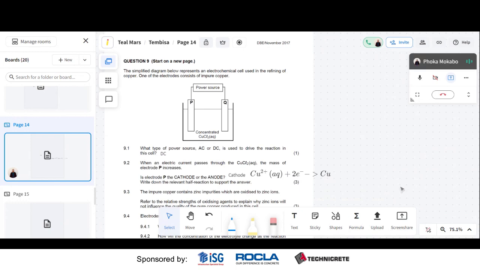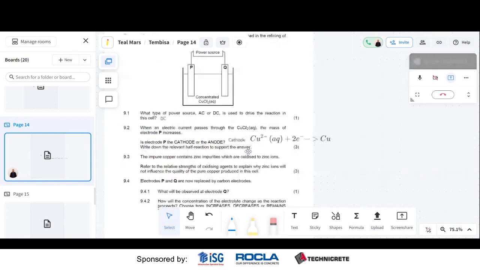There would be your formula to motivate your answer, showing that copper ions are being reduced to form pure copper.